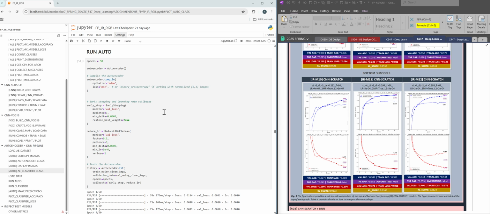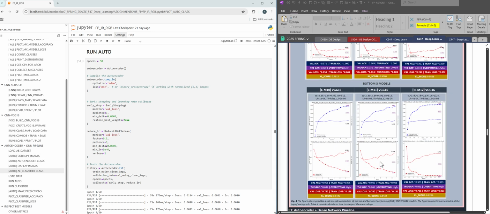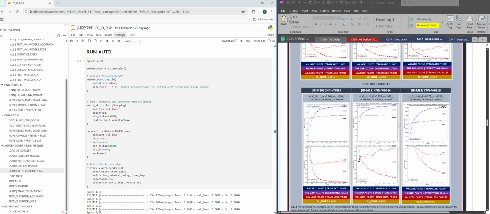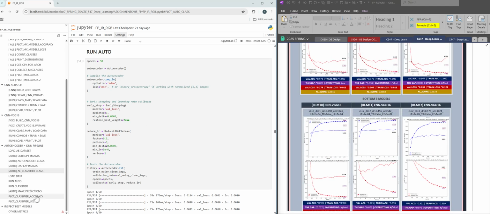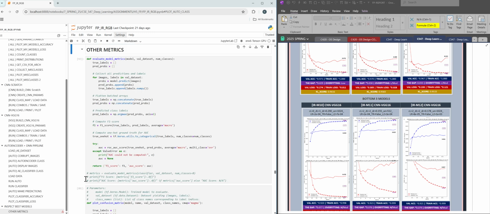One thing that I do want to talk about, just because it's not really that apparent how hard I worked on it in the report, is the other metrics.